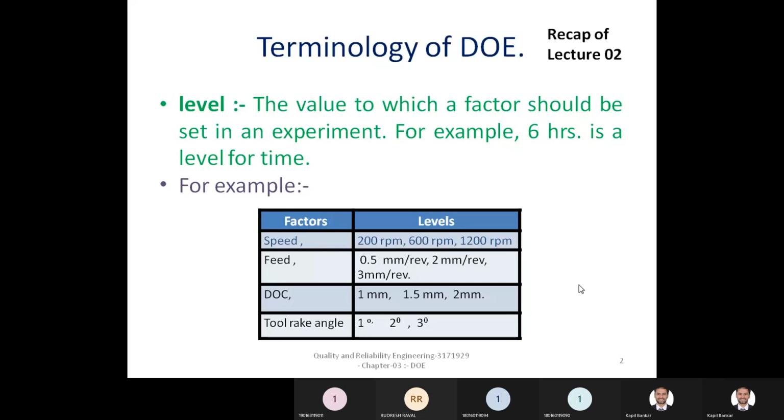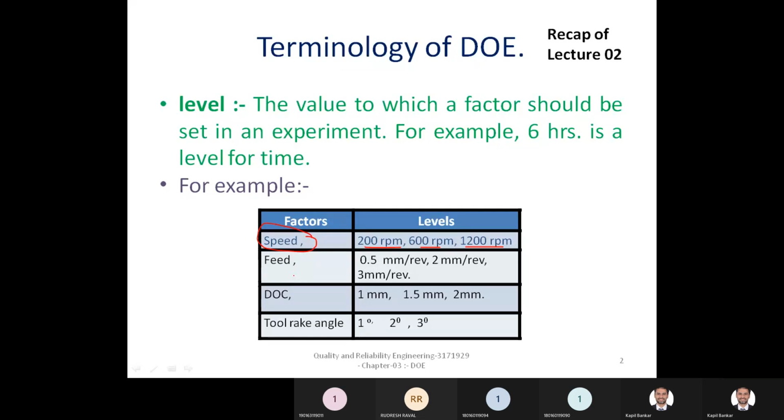Okay, so in this table, you can easily see that on the left side, the factors are available. So this is the factor, and from here you can find out some levels. So these are the levels of that particular factor. Now the level terminology is clear.